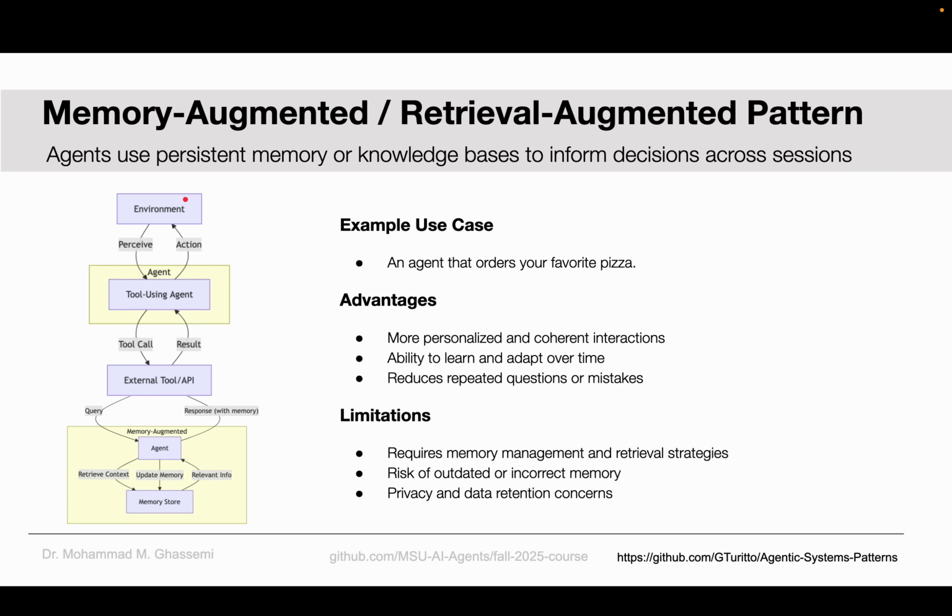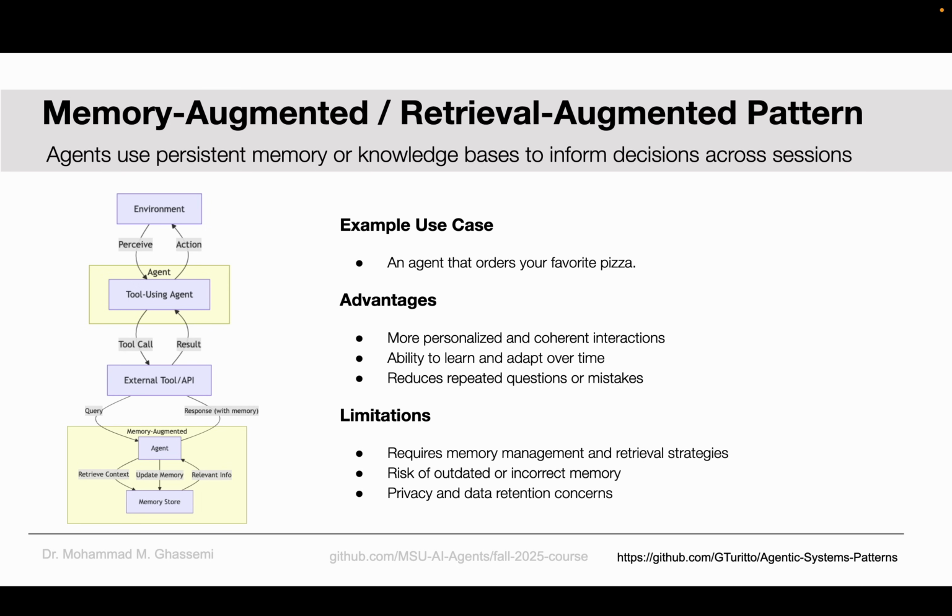Okay, so memory augmented or retrieval augmented patterns are also really common when you're building real world applications where you need personalization, the ability to learn and adapt over time. You want to reduce mistakes. Of course, there are some unique challenges that come with these memory augmented systems. The first is that you have to deal with how you fetch from this memory. Later lectures, we're going to be talking about some of those retrieval strategies.